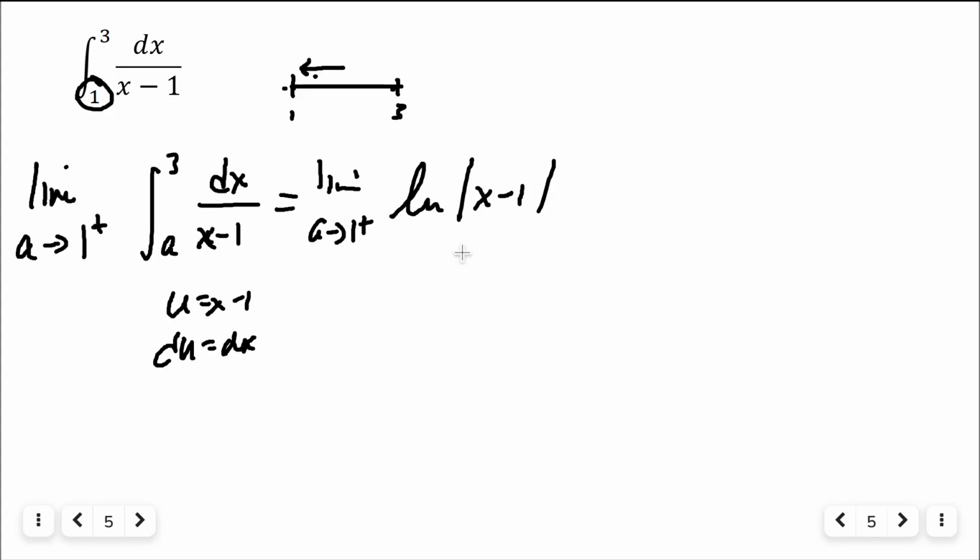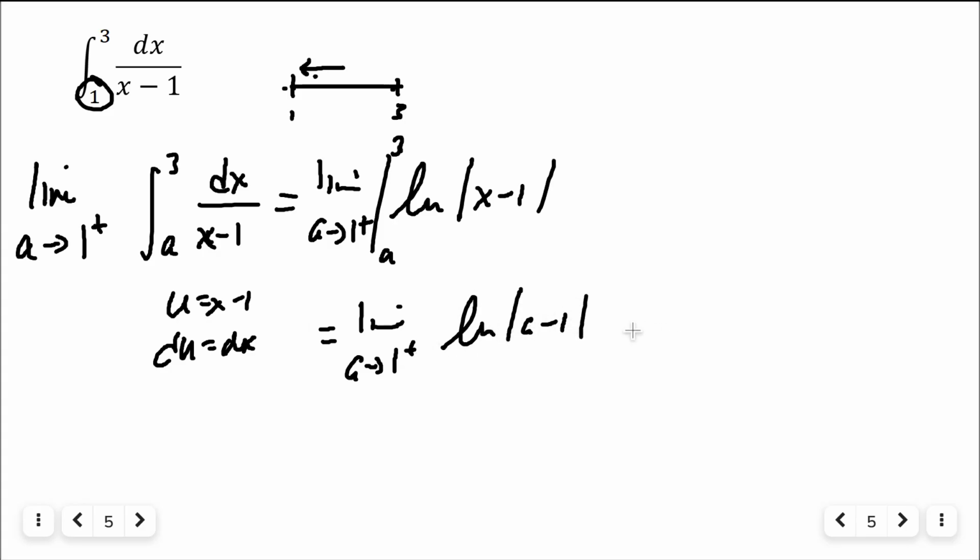Hopefully we can go ahead that far. And this is going to be straight line from a to 3. So now we're going to substitute in. So the limit as a goes to 1 from the right, the natural log of the absolute value of a minus 1, minus natural log of the absolute value of 3 minus 1.